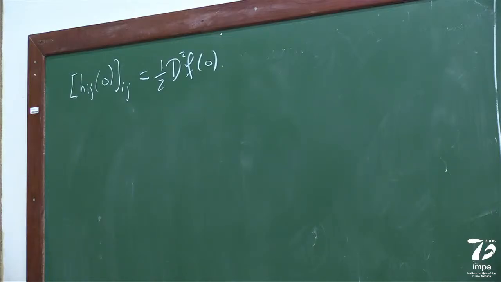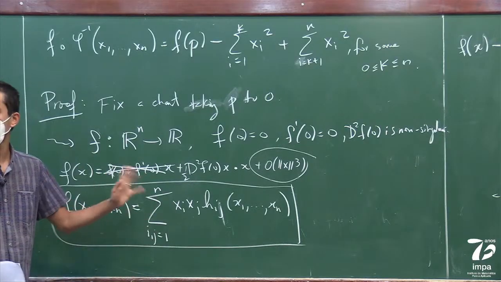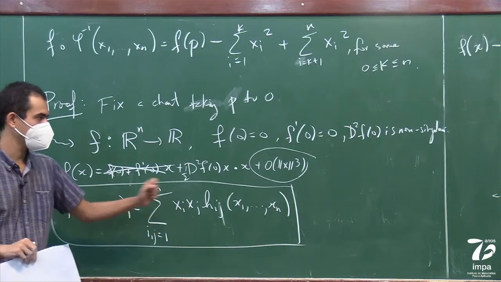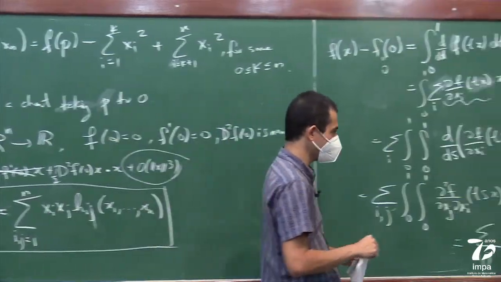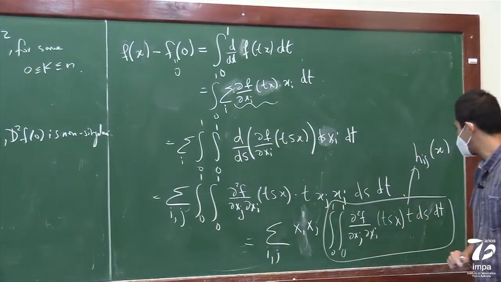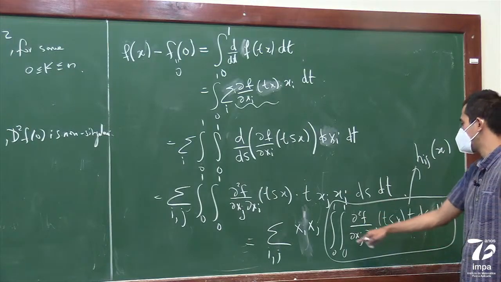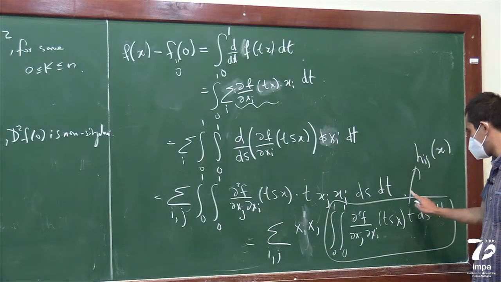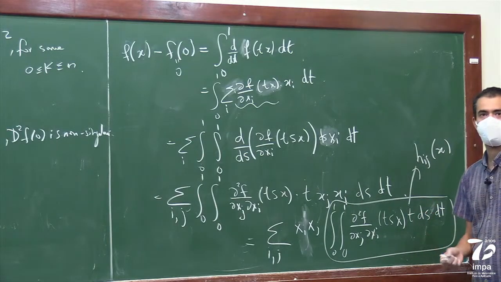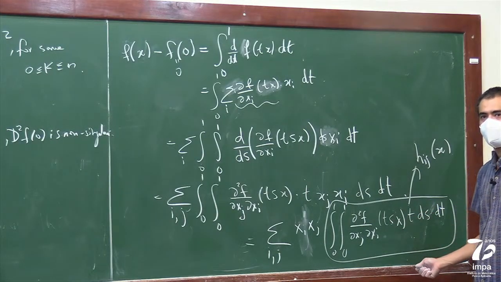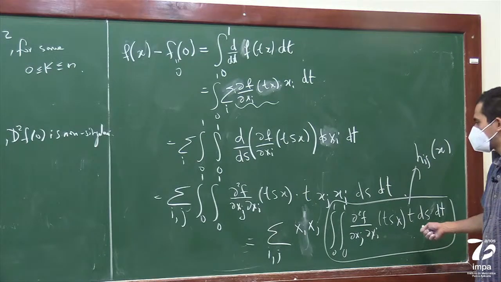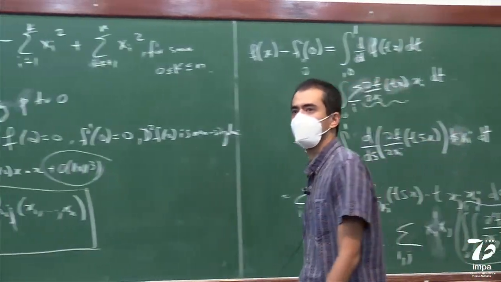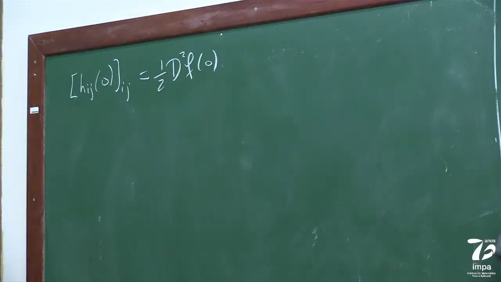You can just differentiate this guy twice, and if you believe this equation, at 0 you take the partial derivatives, the Hessian, and you're going to get that. Or just using the explicit definition of hij, when you plug in x equals 0, you have the second partial derivatives that come out, and then you just have the integral of t from 0 to 1, which is 1/2, and the integral of 1 from 0 to 1 is 1. So, okay. So you have this.